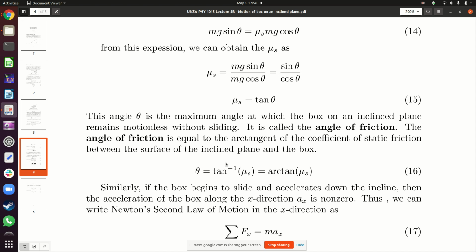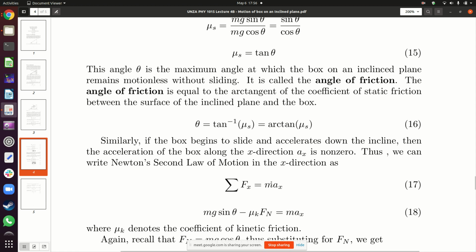If there is no acceleration, you multiply the mass times zero acceleration, you get zero. On the other side, the resultant force is equal to the pulling force minus the friction force. So the pulling force minus the friction force is equal to zero, because the other side is zero.